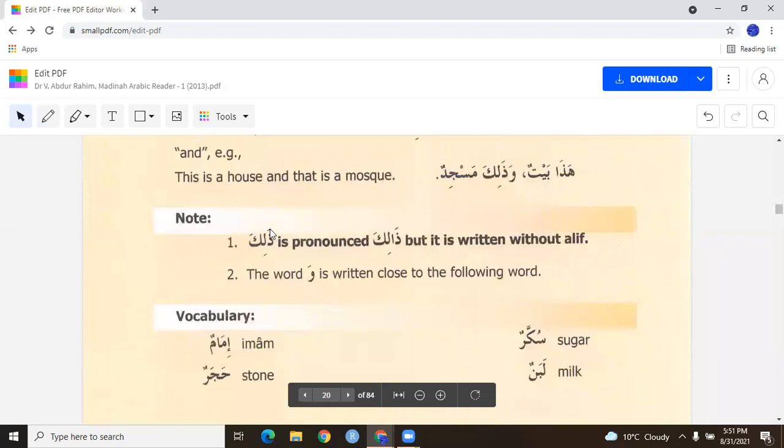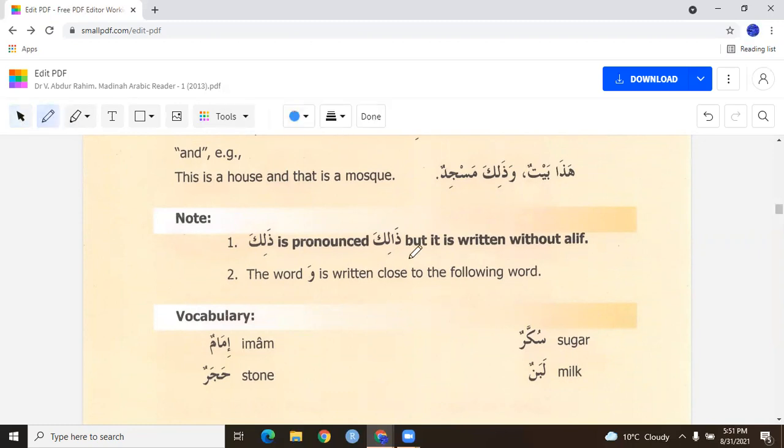Just like hada, dhalika is pronounced with an alif, right? But when it's written, there's no alif. This is the correct way to write it, without an alif, okay? But when we pronounce it, we say dhalika with the alif.